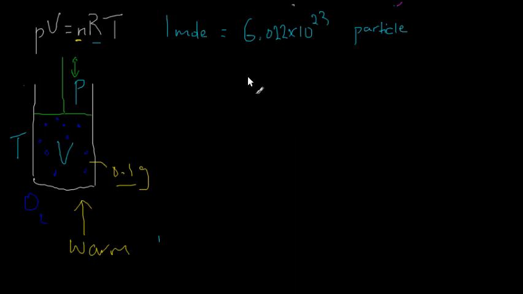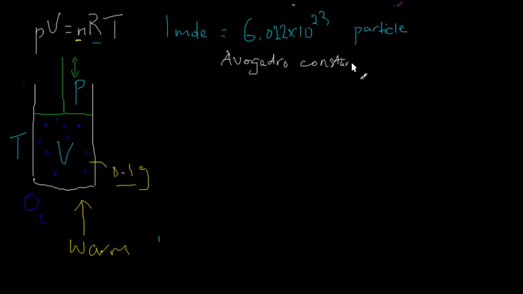This number, the official definition today, has sort of evolved over history, and it has a name. It is called the Avogadro constant.